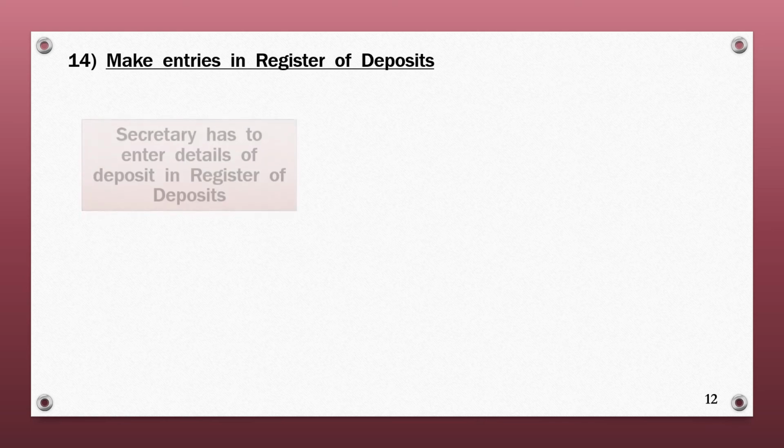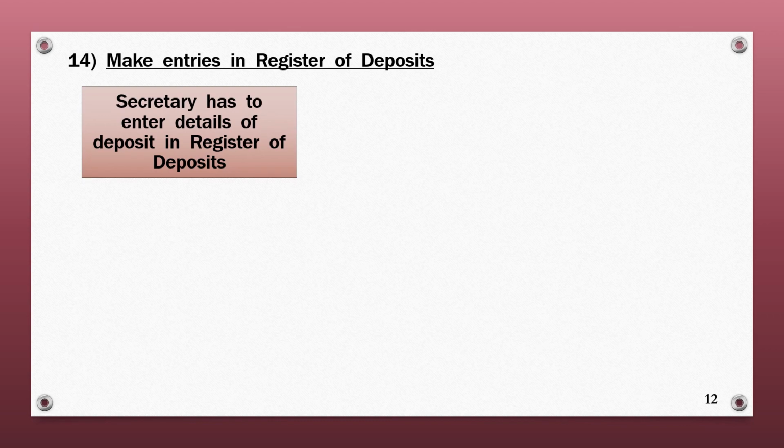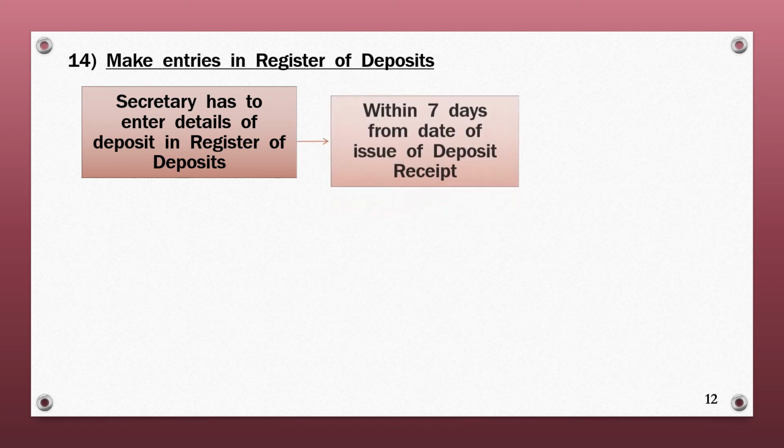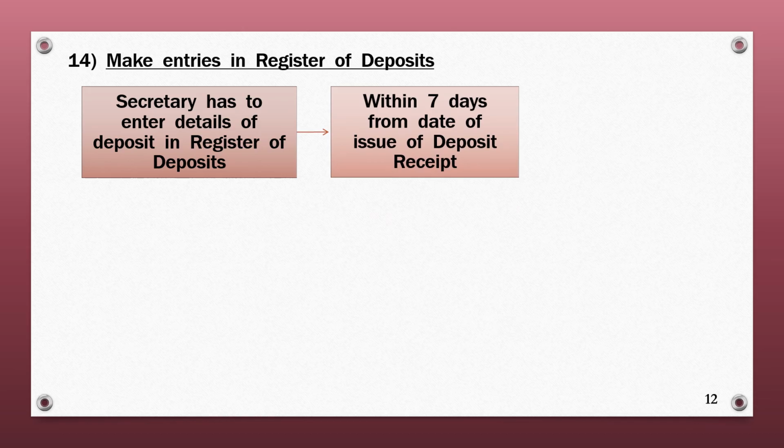The company secretary is thereby required to enter complete details of deposit, that is, name and address of depositor, amount of deposit, interest rate, etc. in the Register of Deposits. However, the details need to be entered within a period of 7 days from the date of issue of deposit receipt.